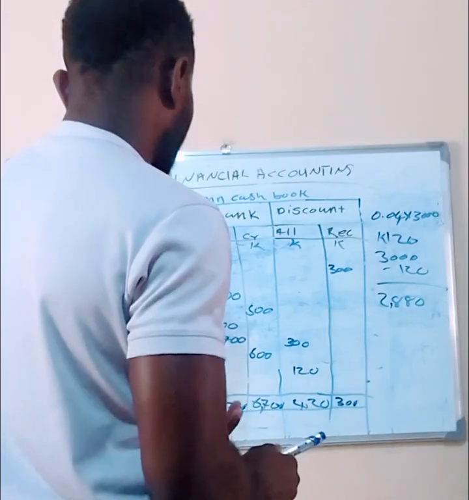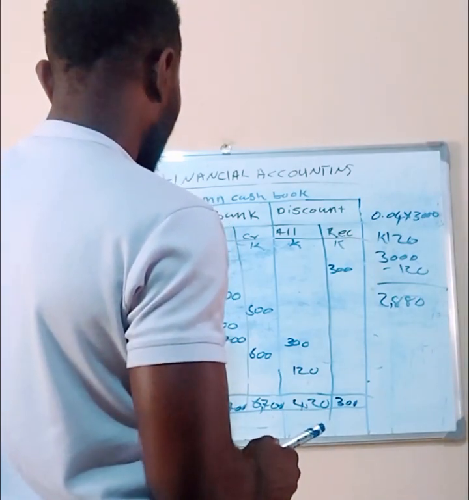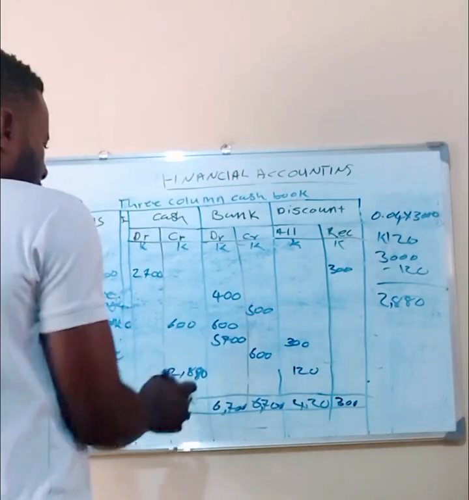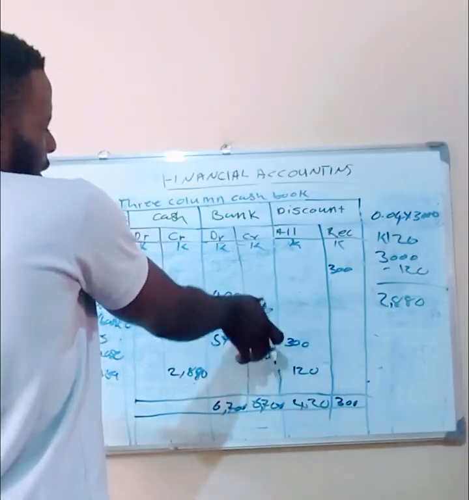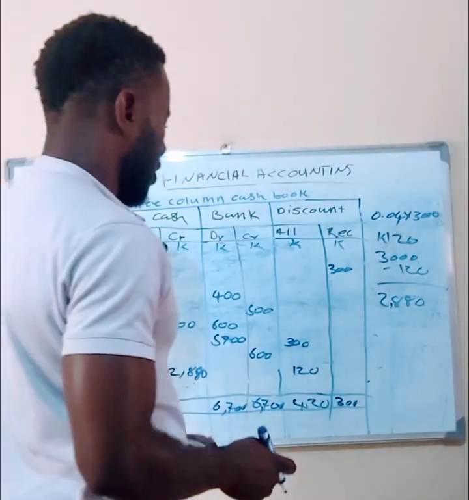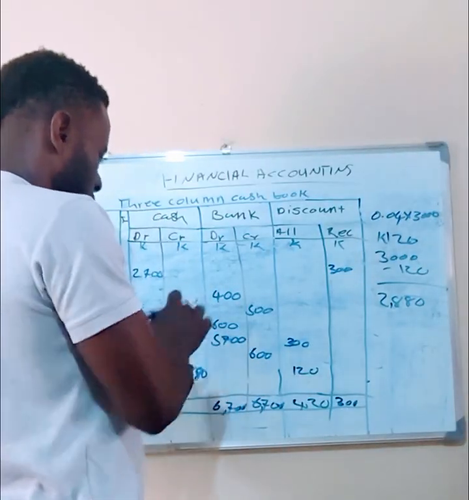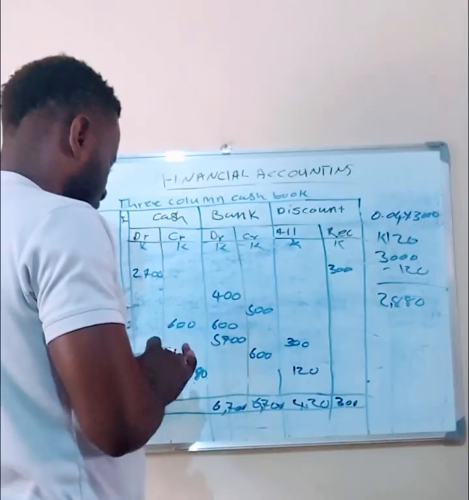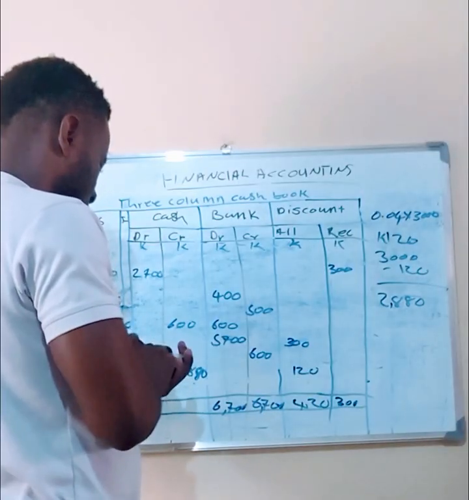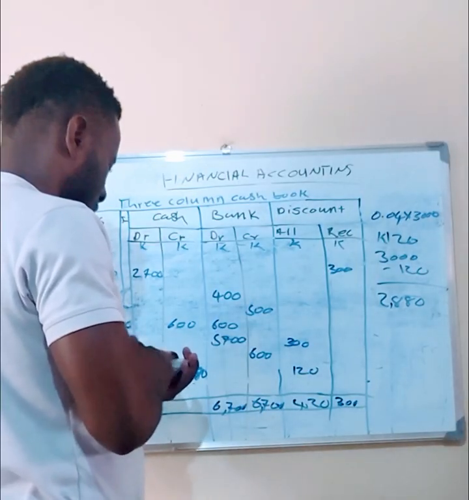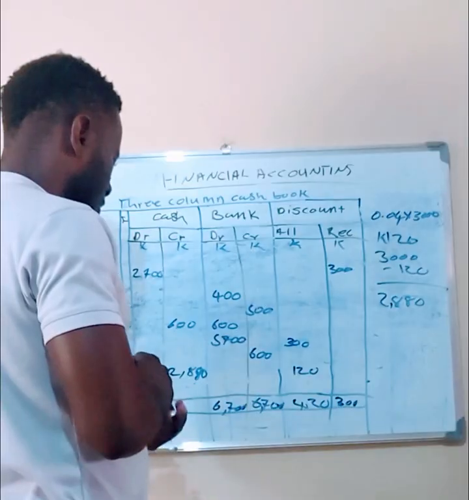Yeah, that is the bank account here. The figure that we're going to get here will be smaller than this. So now here we're going to get about 500 plus 500 plus 600. We're going to get 1,100.